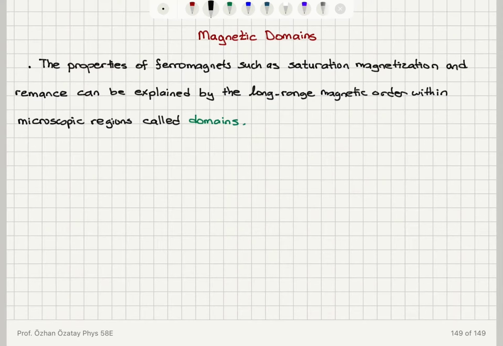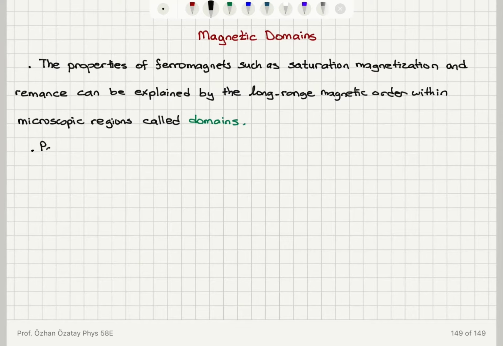Okay, so if we look at paramagnets on the other hand, paramagnets do not have magnetic domains because the atomic moments are randomly oriented in the absence of a field, which is due to the thermal energy. The coupling between the moments is too weak. The thermal energy can destroy the coupling and randomize the magnetic moments.